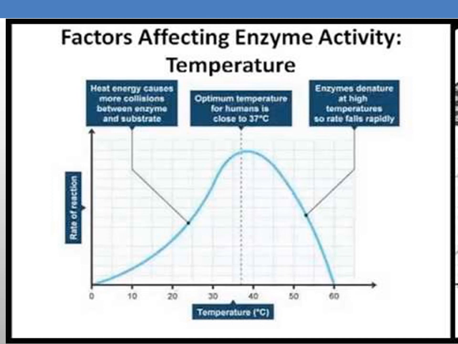Optimum temperature for humans is close to 37 degrees Celsius or 98.4 degrees Fahrenheit. Beyond that temperature, the activity of the enzyme is decreased. The rate of the reaction decreases. This is due to the denaturing of enzymes at high temperature. So the rate of the reaction falls rapidly.